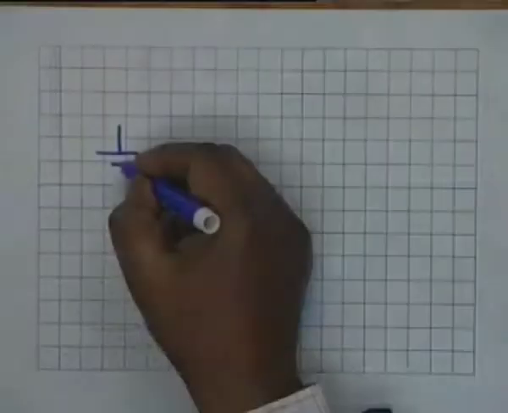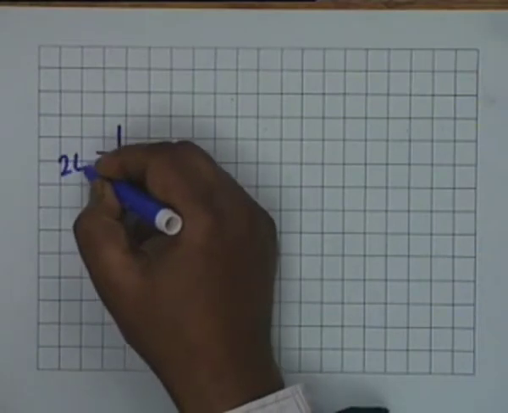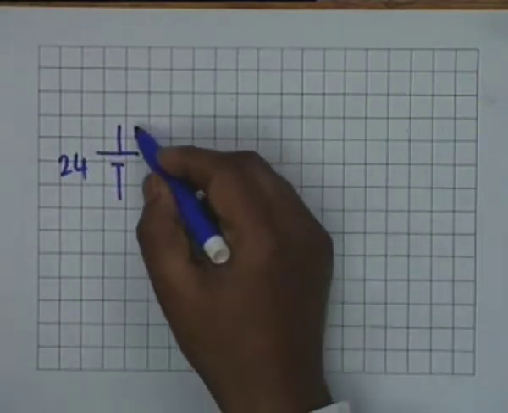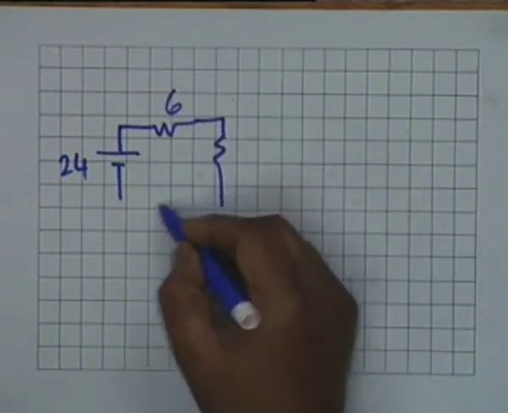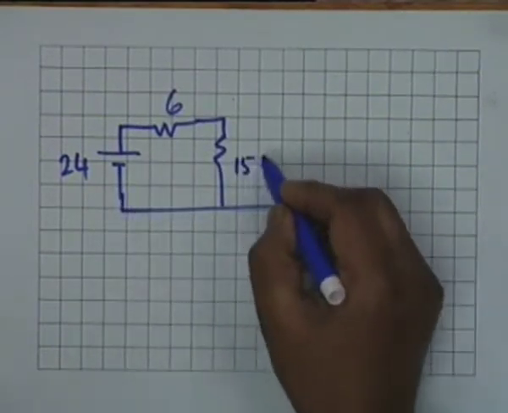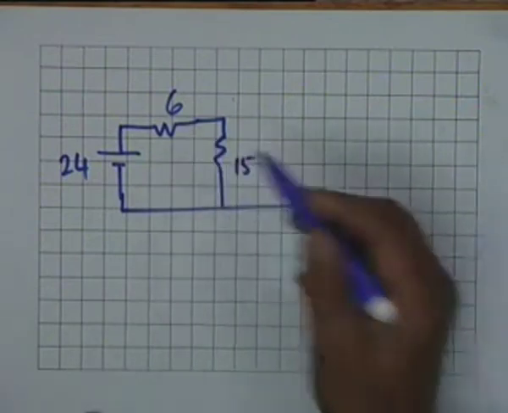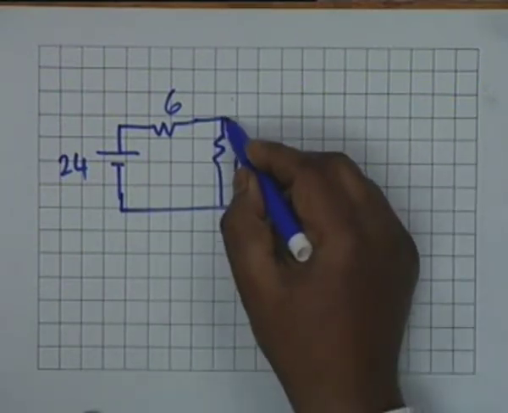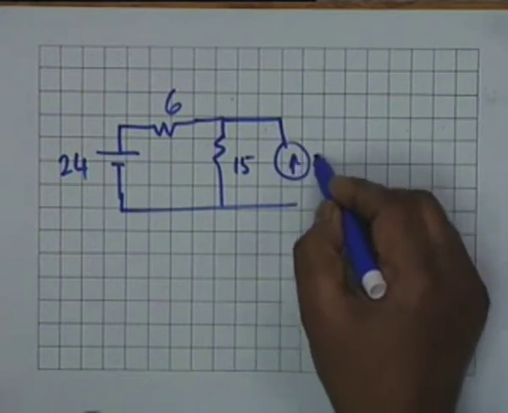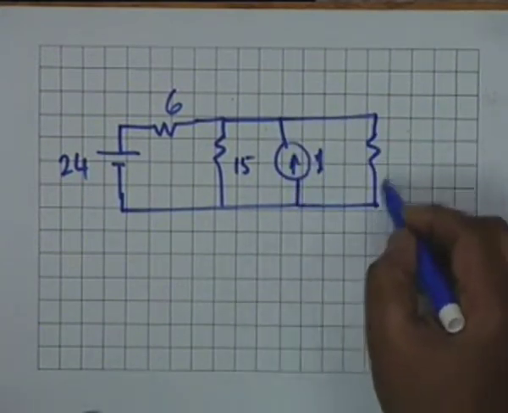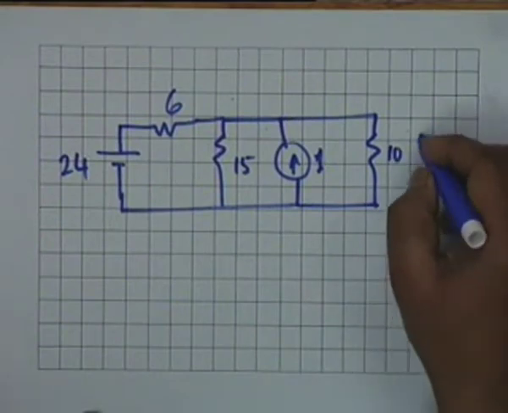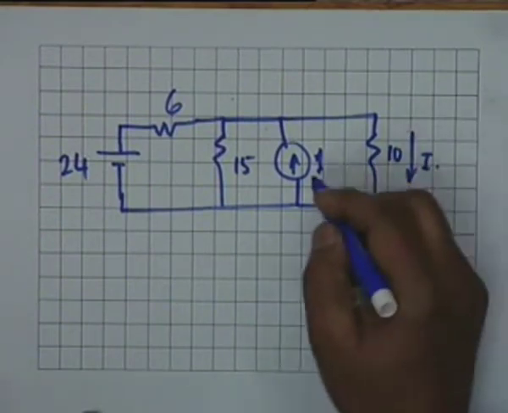This is one network which we have taken repeatedly as an example. It's the same network that we shall take. A 24 volt source, 6 ohm resistance, 15 ohm. Then we have a 1 ampere current source in parallel with a 10 ohm resistance, and it is this current that we wish to find out.